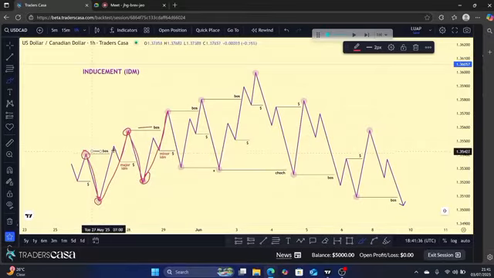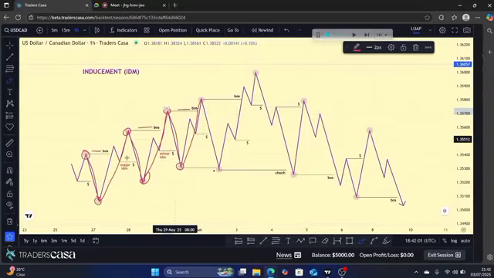So you can see breaks of structure forming. Then after that, price retraces back to the range, forming a higher low, and you can clearly see this low is higher than this, and then price does that again, making a break of structure, and this one here is a higher high. You can see this one is higher than our previous higher high, so this is the recent higher high.